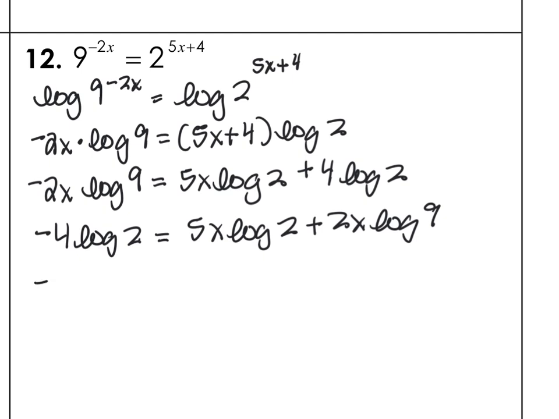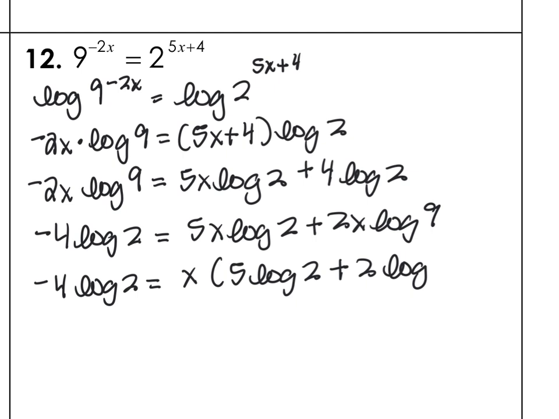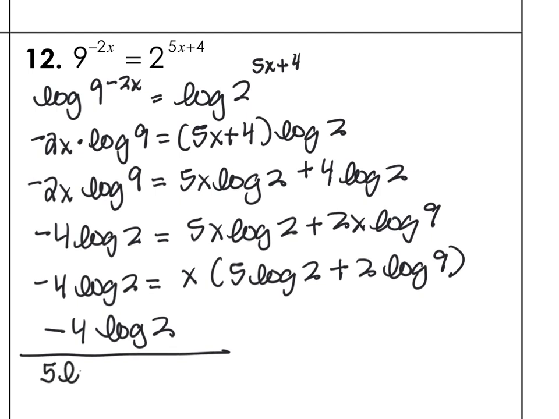Not that it matters, because it's going to give me the same answer anyway. All right, so on this one, I'm going to factor out the x that they have in common to isolate the x. And then divide by that chunk to get the x by itself. And then we're basically done, y'all. How awesome is that?